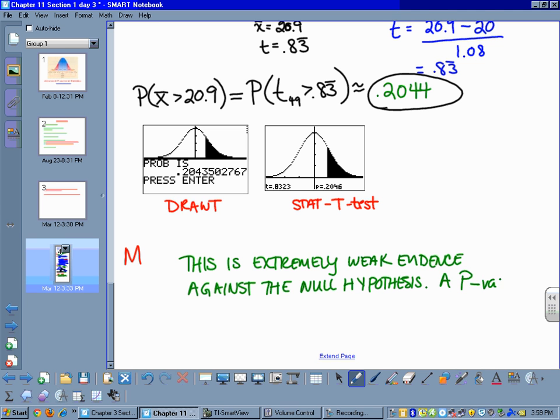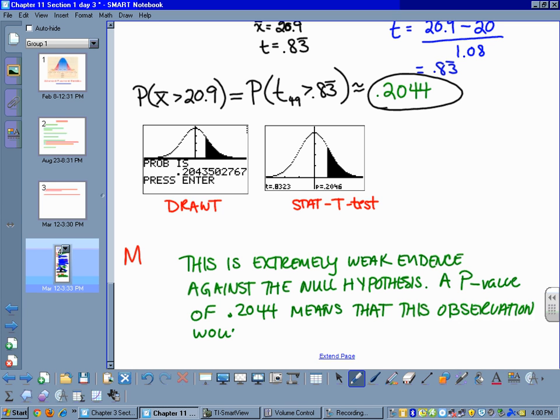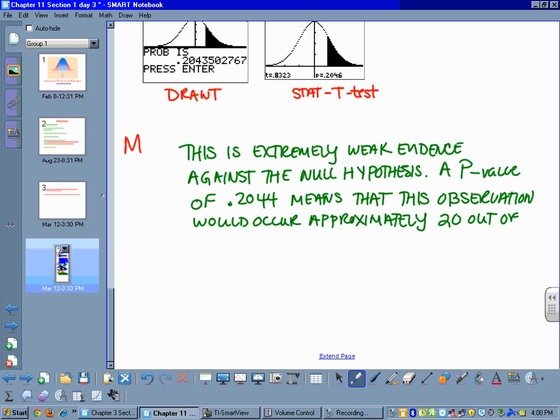A p-value of 0.2044 means that this observation, which is our sample that we just took of the 50 and had a mean of 20.9, or this sample, would occur approximately 20 out of 100 times by chance, by random chance alone.